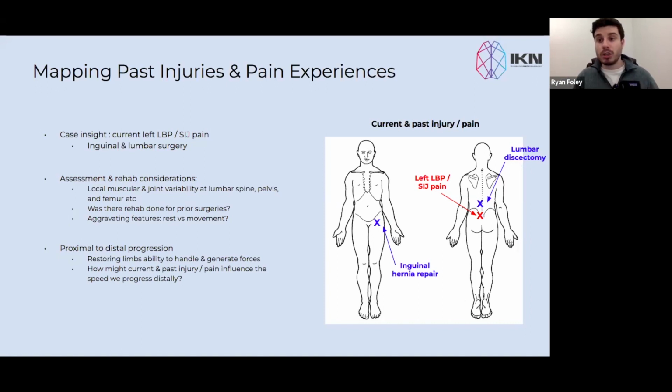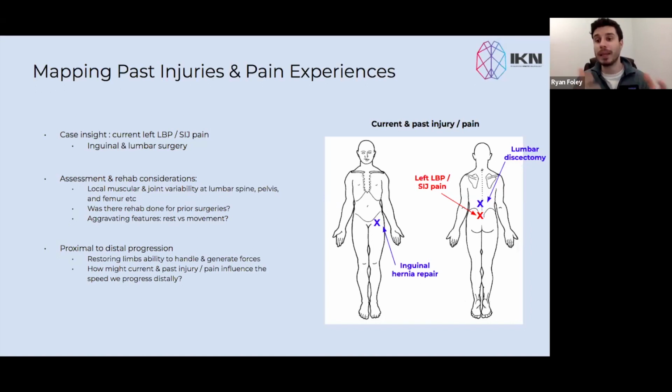Okay, so naturally, from our standpoint at IKN, particularly when we're dealing with proximal pain or injuries around the midline, for example, we're always going to want to work in a proximal to distal manner. In that respect, we always want to restore the ability of the limbs to handle forces, generate forces, because the limb, the lower limb in this case, is the structure that has to directly interact with the external environment and handle those forces.